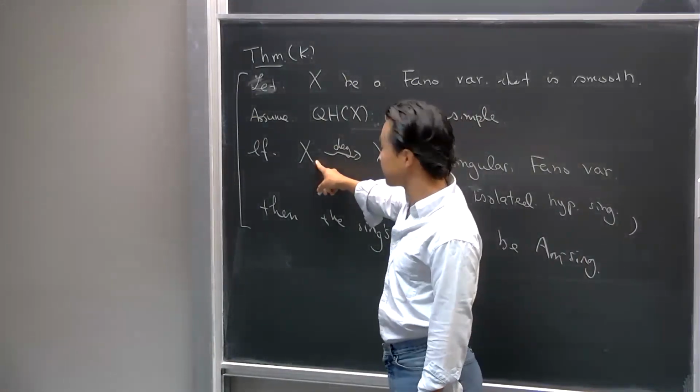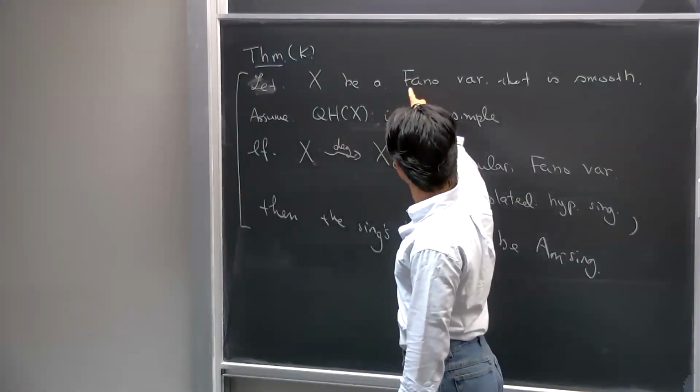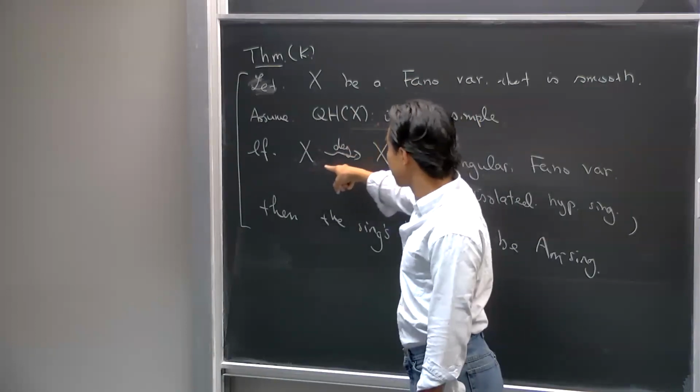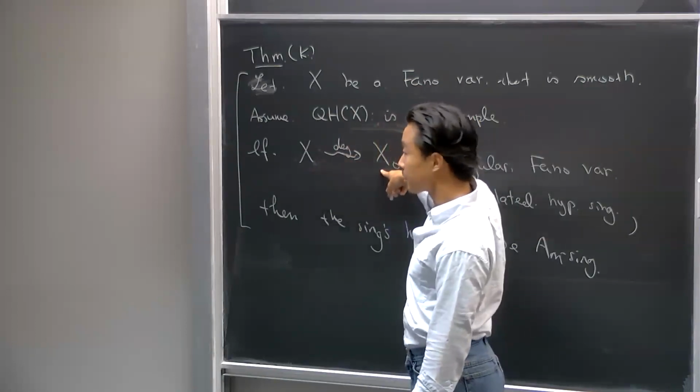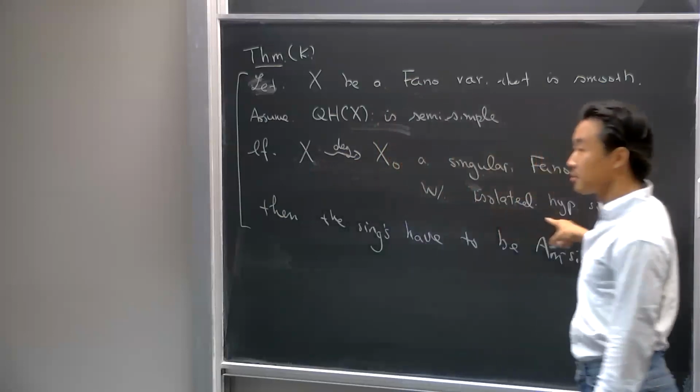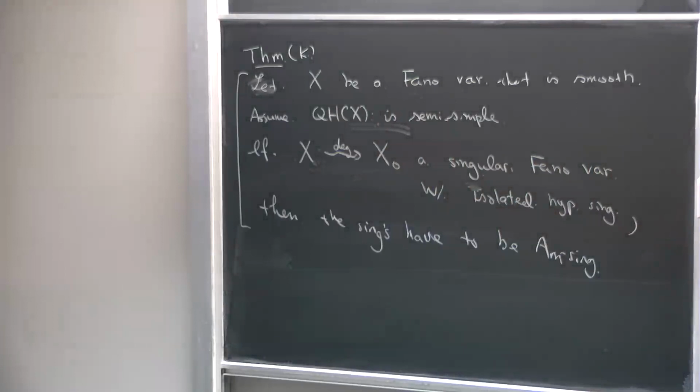He wondered, if you start from a Fano surface, so a del Pezzo surface, and degenerate it into a singular Fano surface, a singular del Pezzo surface, what kind of isolated hypersurface singularities you can get.